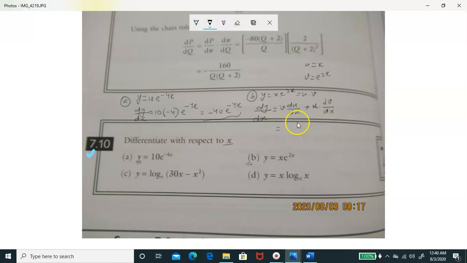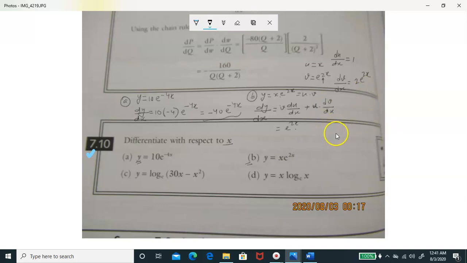So let us see. v is e raised to the power x, right? So now let us differentiate this. If we differentiate u with x, this becomes 1. If you differentiate that v with x, it becomes e^x, right? So look at the formula check.